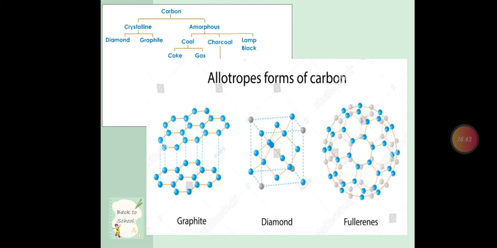Amorphous is coal, any type of carbon black, charcoal, lamp black, all these are common. You can consider them as coal.